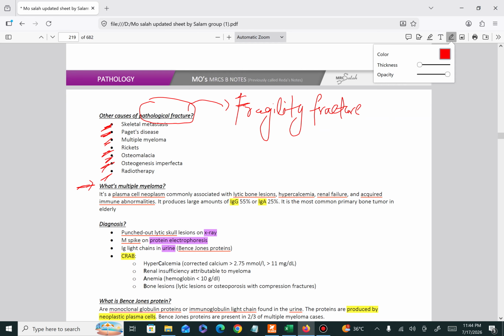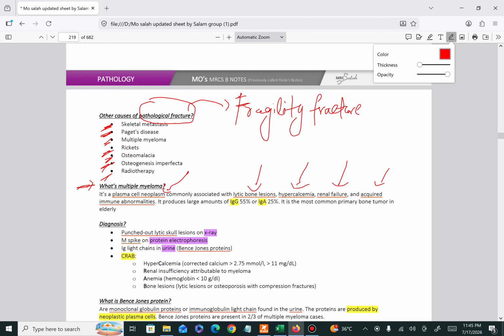What is multiple myeloma? Multiple myeloma is a plasma cell neoplasm commonly associated with lytic bone lesions. It is associated with lytic bone lesions, hypercalcemia, renal failure, and acquired immune abnormalities.